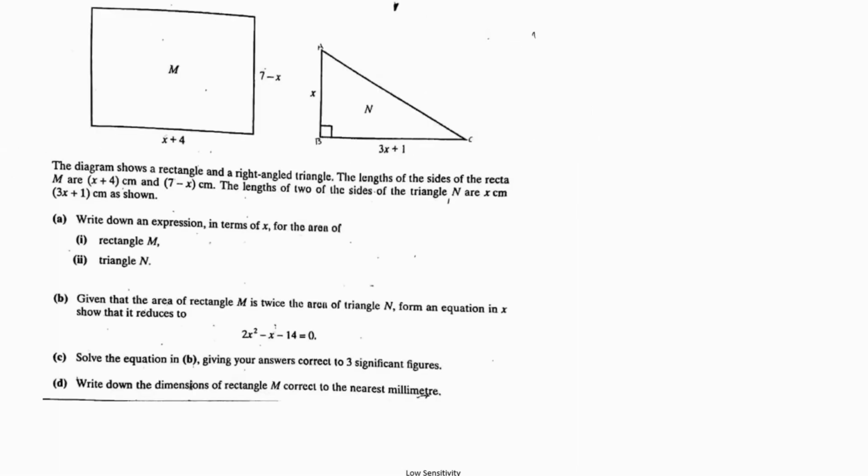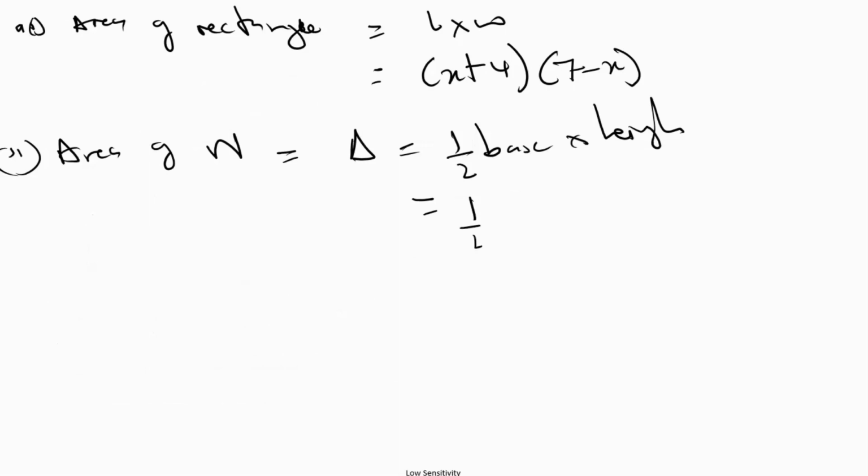Our base here is 3x plus 1, and our height is x. So we have half times 3x plus 1 multiplied by x, which is our height. We can expand x plus 4 and 7 minus x, or we can do the expansion here. That is also fine, but you can leave the solution as this, and that should be fine as well.